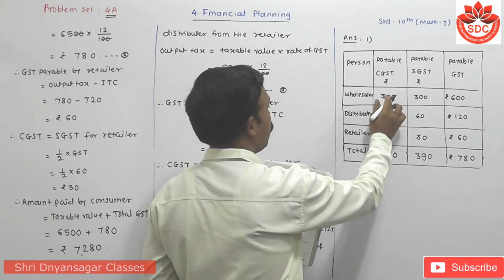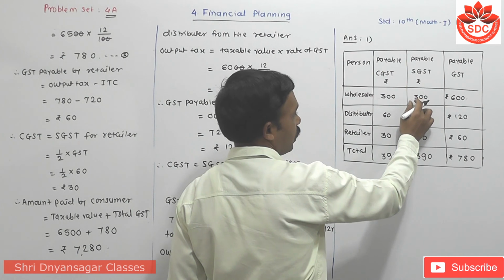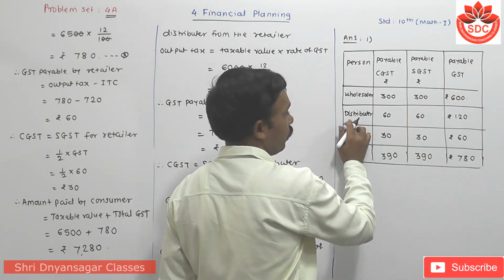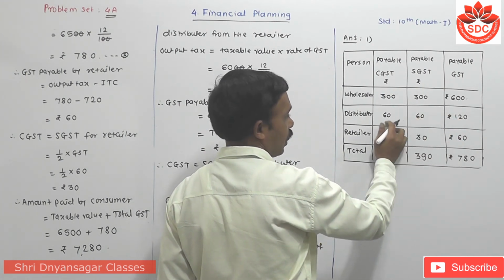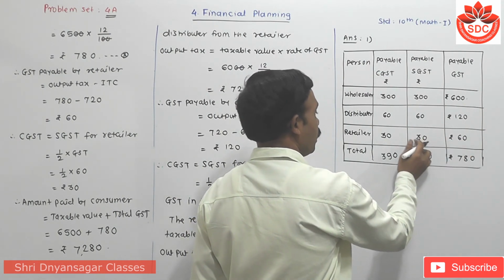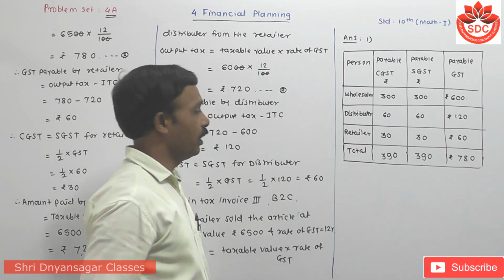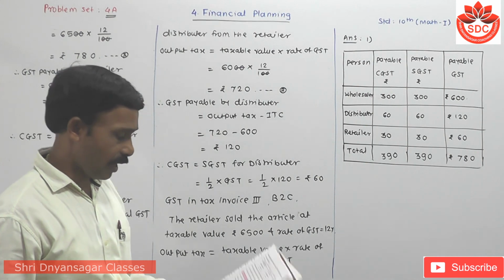Earlier we found CGST 300, SGST 300, total GST 600. For the distributor, GST is 120, so CGST and SGST are half of it, 60 each. For the retailer it is 60, so CGST and SGST are 30 rupees each. Total is 780; payable CGST and SGST is 390 rupees each.